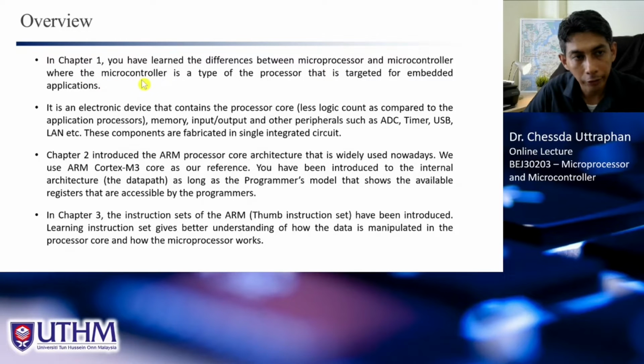And the microcontroller, we know already, is a type of processor that is targeted for embedded systems. Because in the microcontroller, we have everything inside, even the ADC, the timer, the digital I/O, PWM, right, integrated in a single chip, and we can use it straight away, and it is built for small control applications.